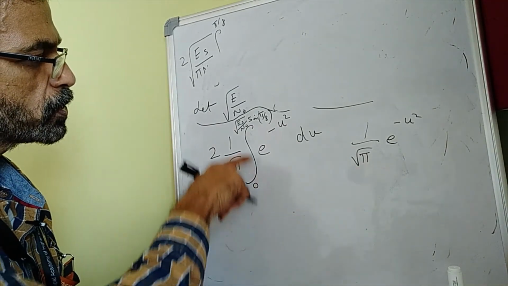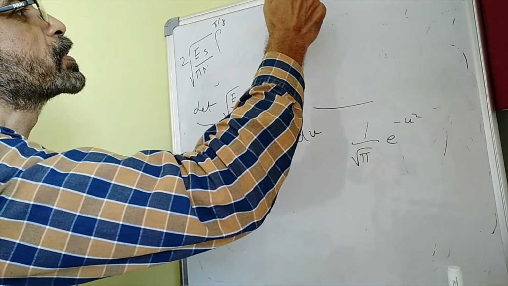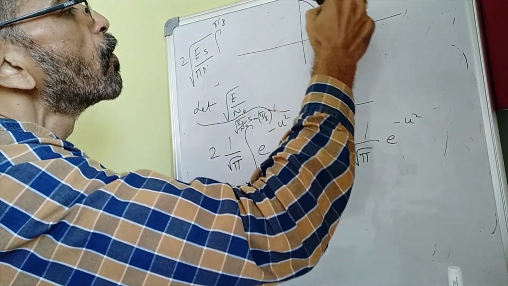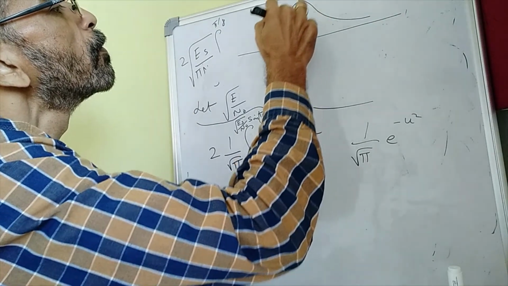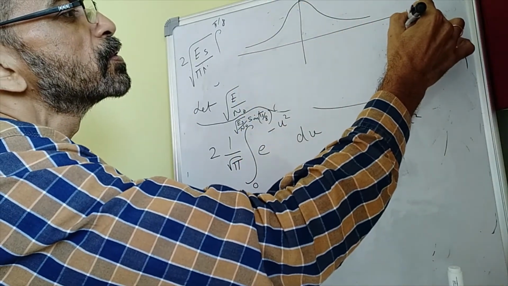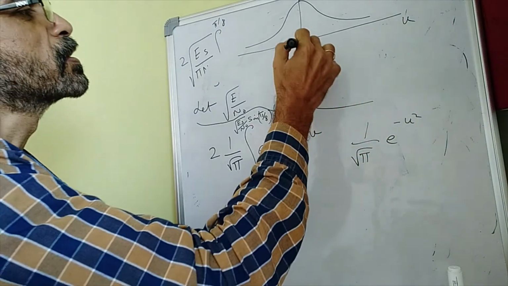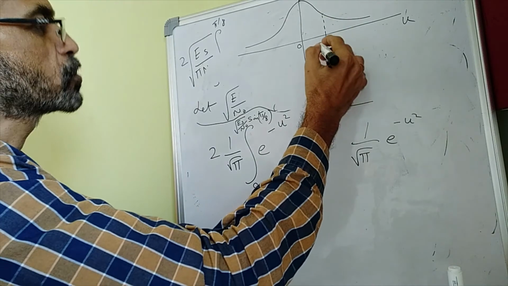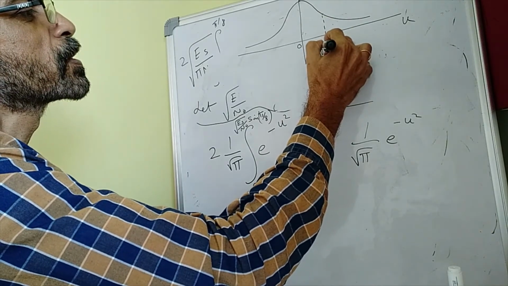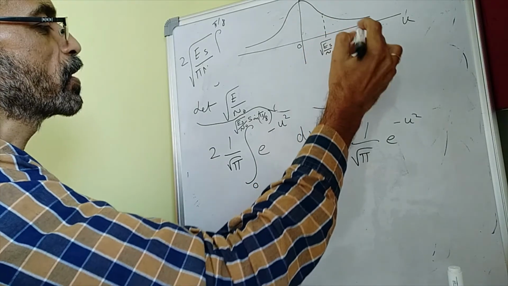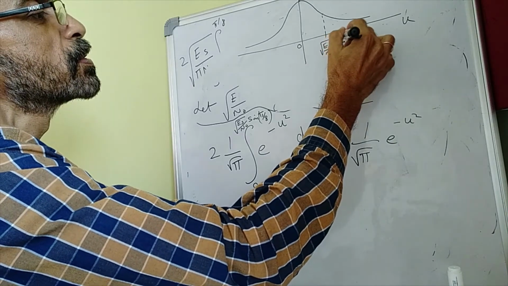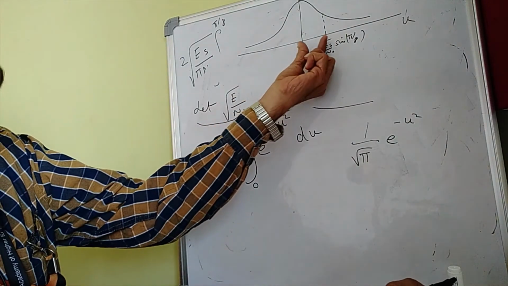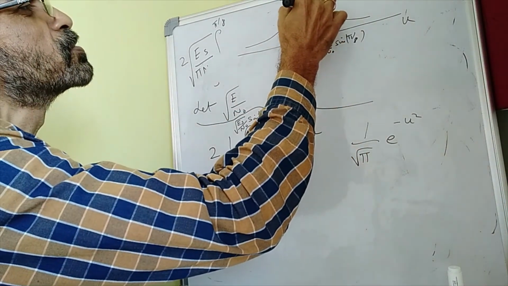It is integrated from 0 to some particular value. So that will look like this. This is the function which is getting integrated. It is integrated from 0 to, say, some value which is nothing but sqrt(Es/N0) sine pi/8. Sine pi/8 will be positive. So it is going to be something like this, and this is the area which we are concerned with.